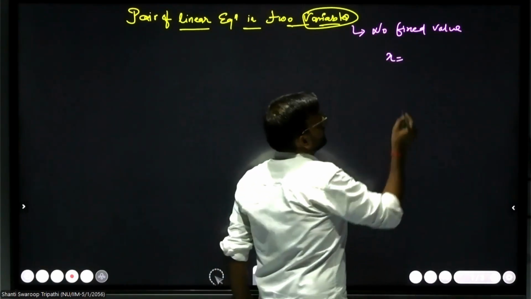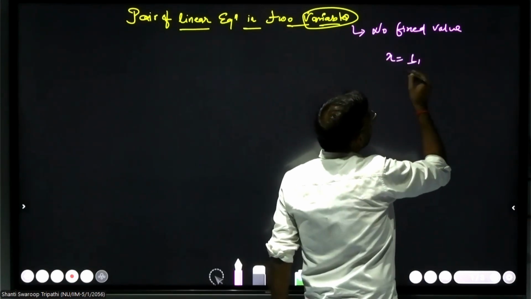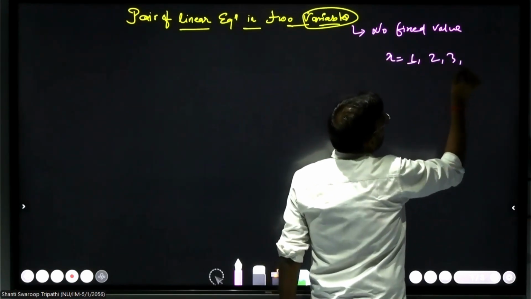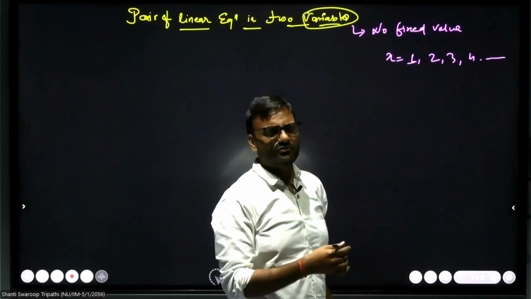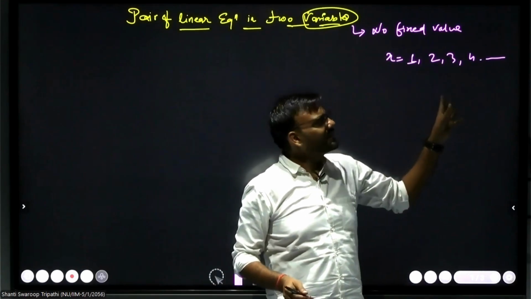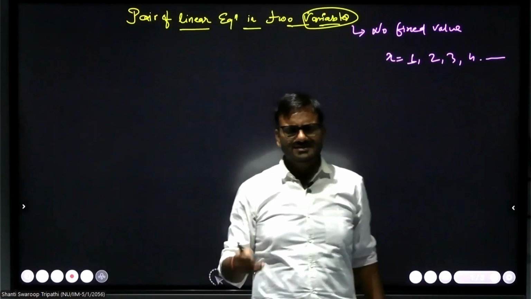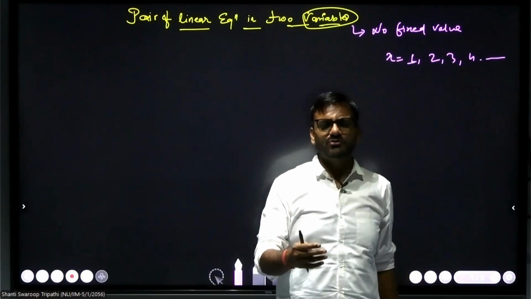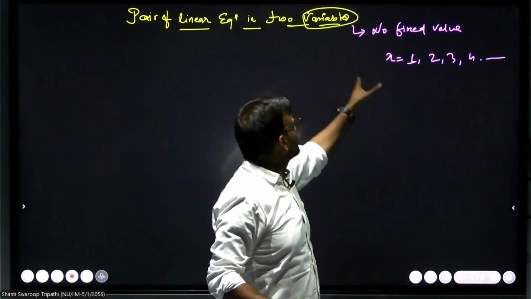If we put 1, our final result will change; 2, 3, 4, whatever. This can be a natural number, an integer, or a rational number. So a variable is that where we put our values as per the requirement. It changes the value of the final outcome of the function. I think you are well aware of the variable.